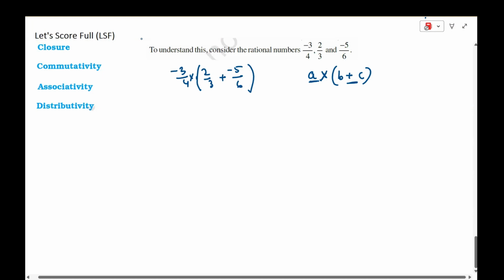Like that, if a pizza has come to your home, this is a pizza and you are two siblings. Means what? If a pizza has come, it has to be distributed among all the siblings or all the members of the house. Same way, we can write 3 by 4 into 2 by 3, meaning given to a member.